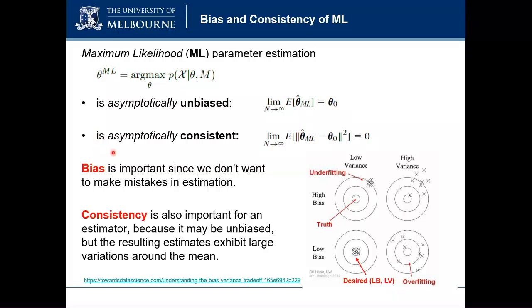And it is called asymptotically consistent if the mean square error also goes to 0. That means asymptotically unbiased is not enough, because it may happen like this. Make a note of this. Asymptotically consistent is mean square error going to 0.